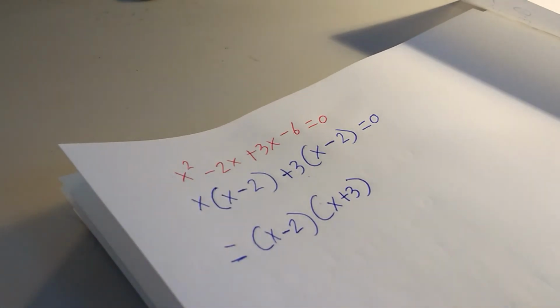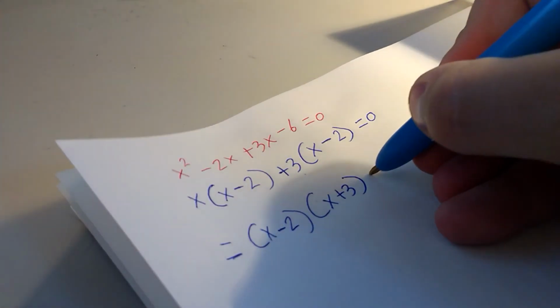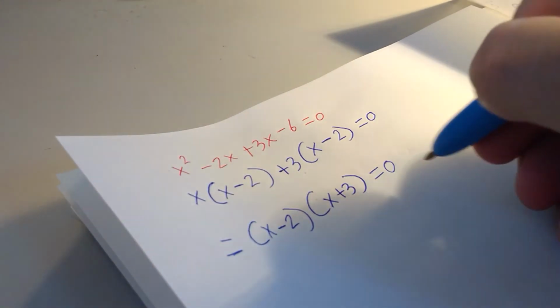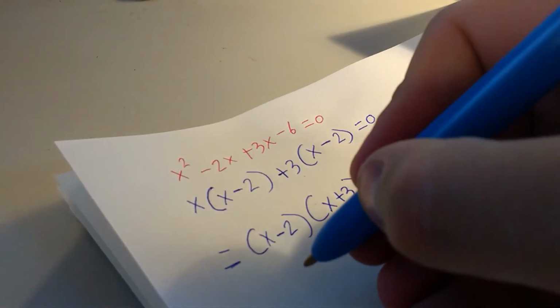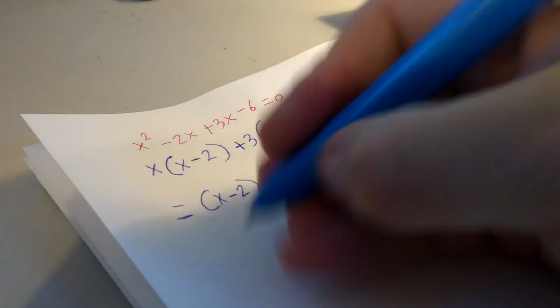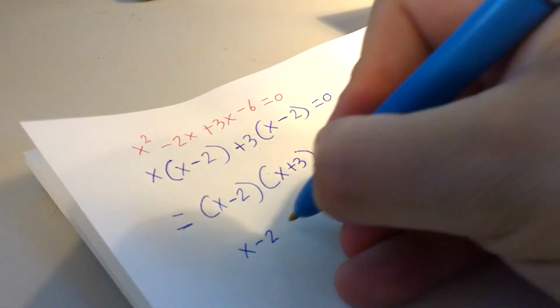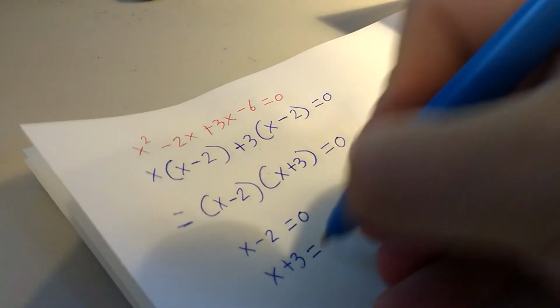And in order to get our roots for x, because the equation was written equal to 0, we can do exactly the same thing below. So instead of x minus 2 times x plus 3 equals 0, we have x minus 2 equals 0 and x plus 3 equals 0.